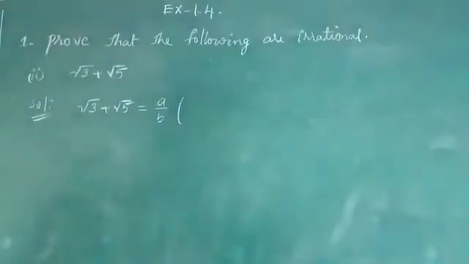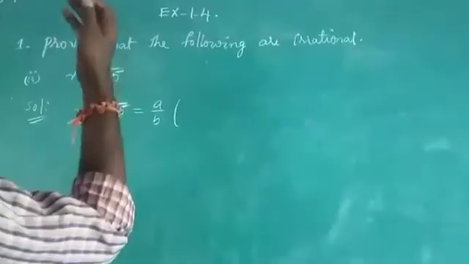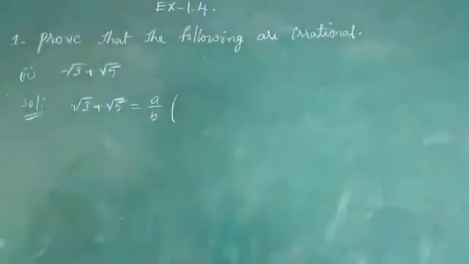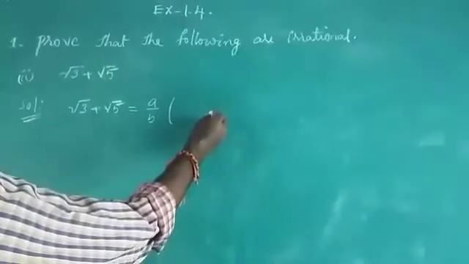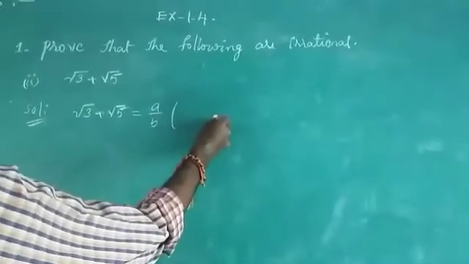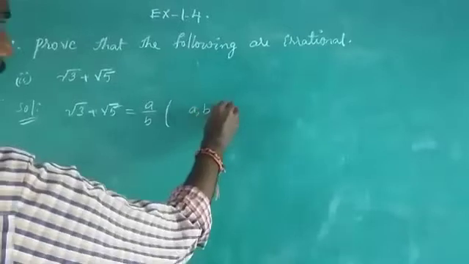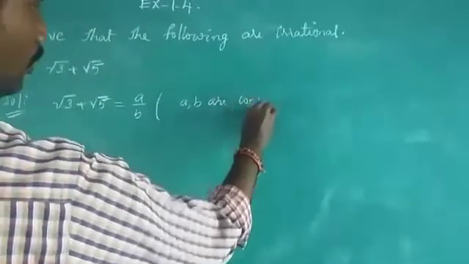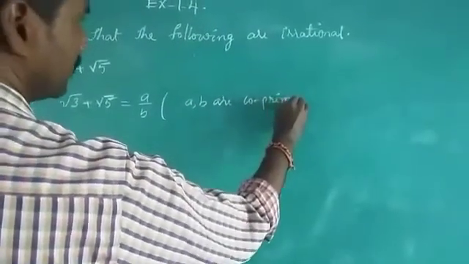My assumption is that it is a rational number. Then a, b are co-primes. Let me write a, b are co-primes.